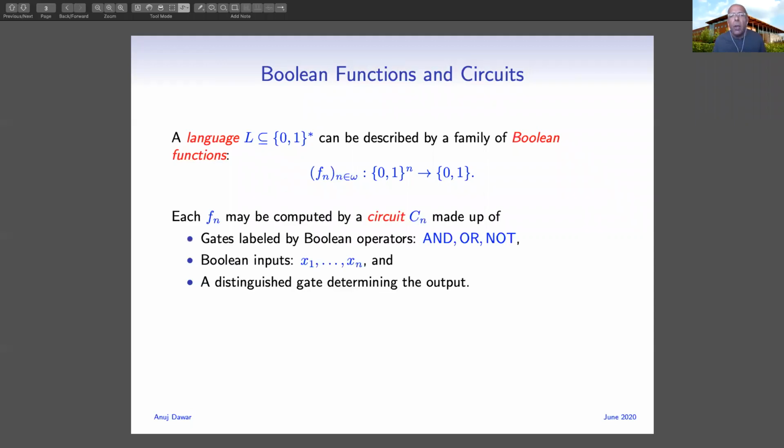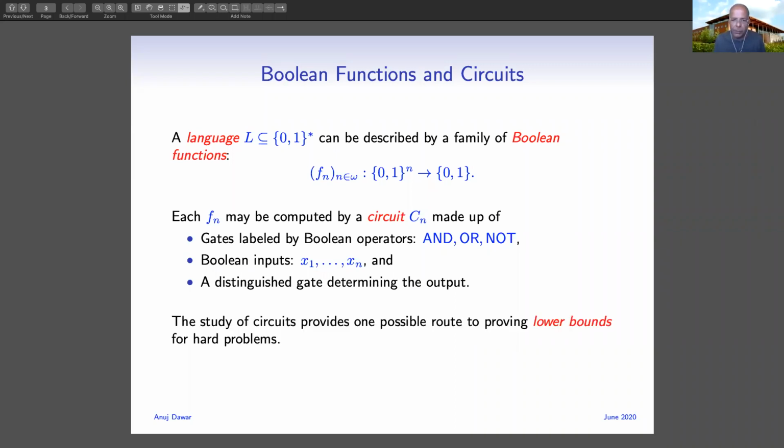And any finite Boolean function can be computed by a circuit where we have simple Boolean operations, and, or, not is sufficient. The inputs are x1 through xn, variables which can take values 0 and 1, and we have a distinguished gate determining the output. So the circuit as a whole computes a Boolean function.